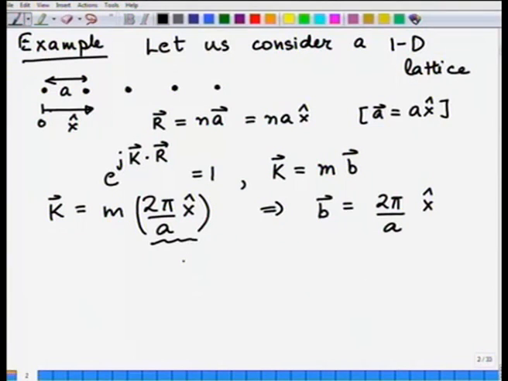So, you can see that if I substitute r and k, I will get e to the power j k dot r as 1 if I choose my reciprocal lattice vector like this.